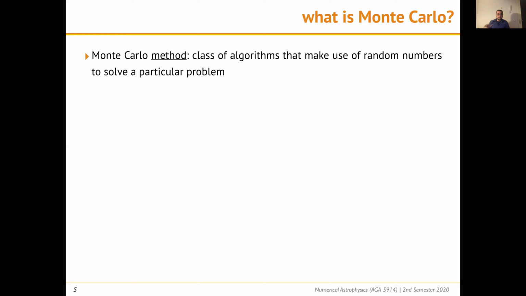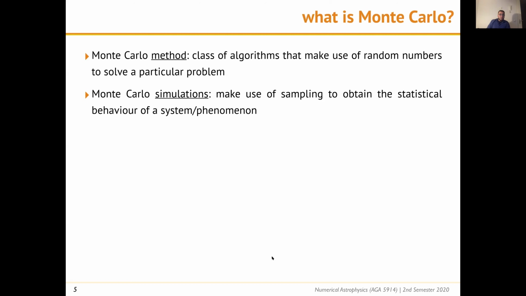And we tell our Monte Carlo code or method what reality is based on some probability distribution functions that we give as input to these codes. So the Monte Carlo method is just this umbrella of different things that we can do. Monte Carlo simulations, that's something else.